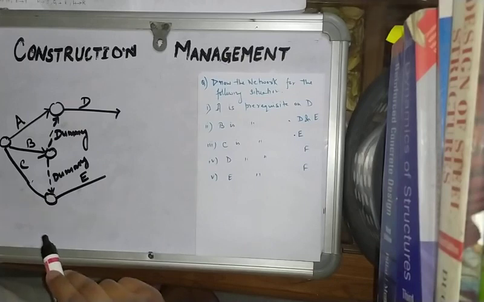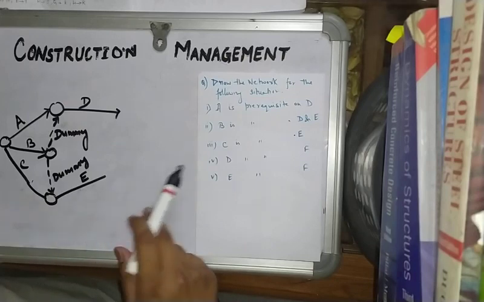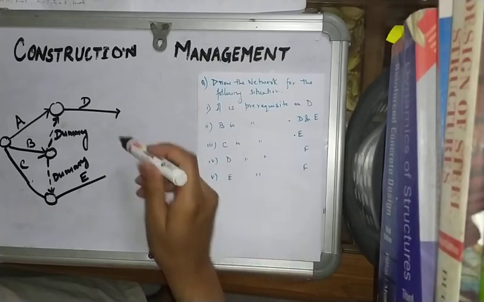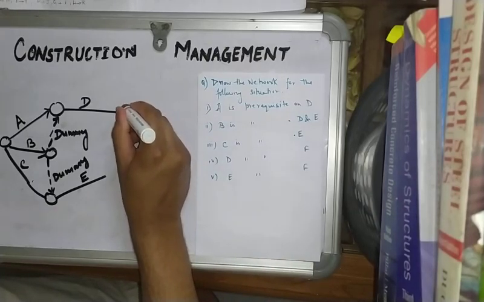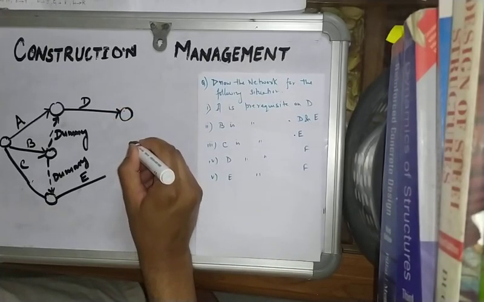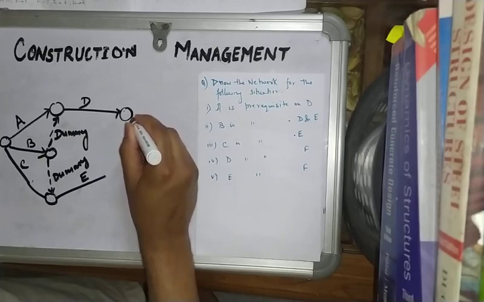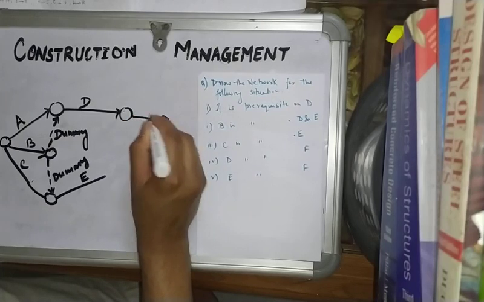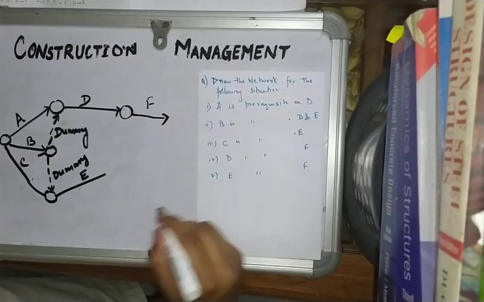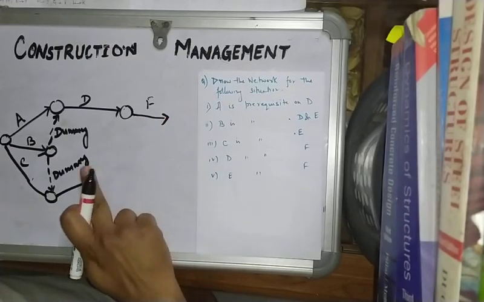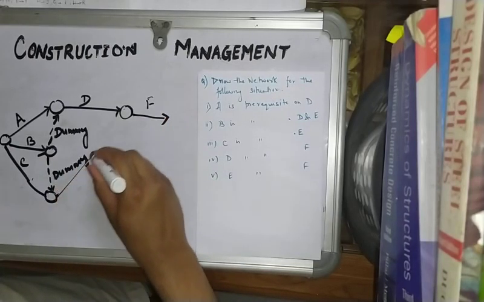Now moving ahead, D is prerequisite on F. There will be one more activity after D, that is F. And E is prerequisite on F, that means this activity will be something like this.